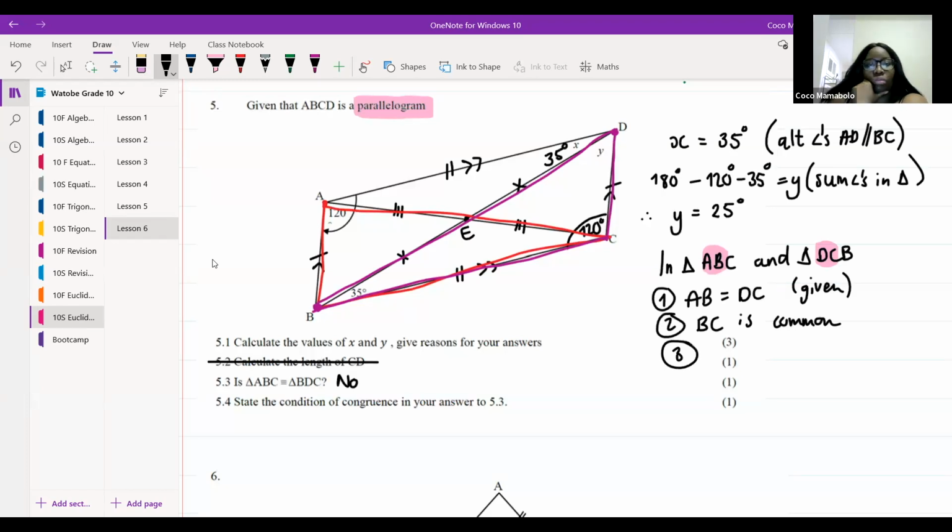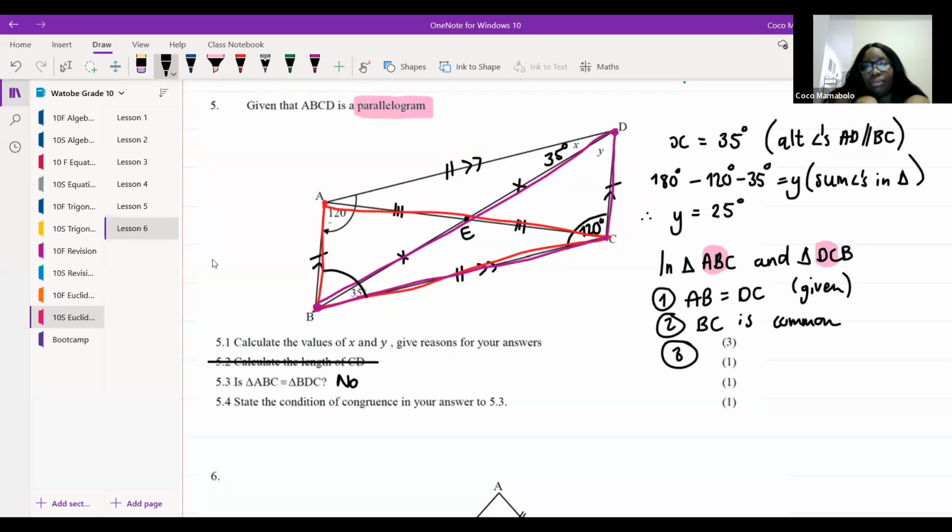And then we can say we calculated Y as 25, and then we didn't calculate C, ma'am. Can we calculate C? But we also don't have B1. We don't have this angle over here.